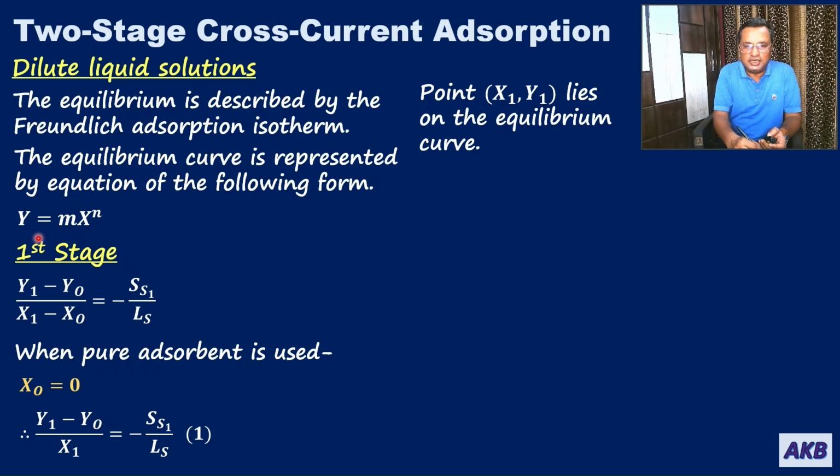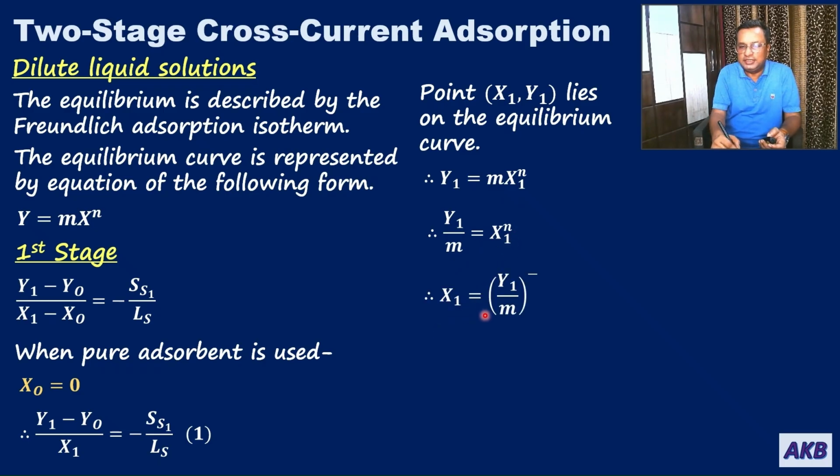It is capital Y is equal to m into capital X raised to n. M and n are constants. So you have capital Y1 is equal to m into capital X1 raised to n. So capital Y1 upon m is equal to capital X1 raised to n, that is capital X1 is equal to capital Y1 upon m raised to 1 by n.